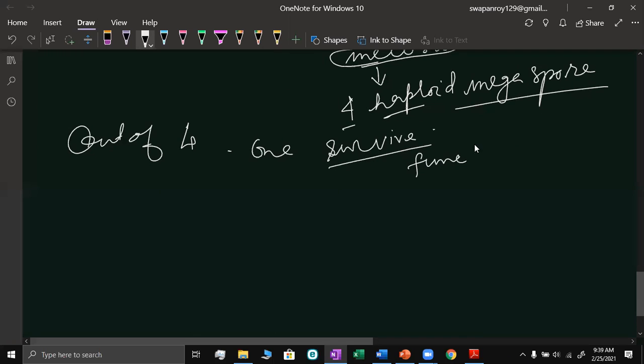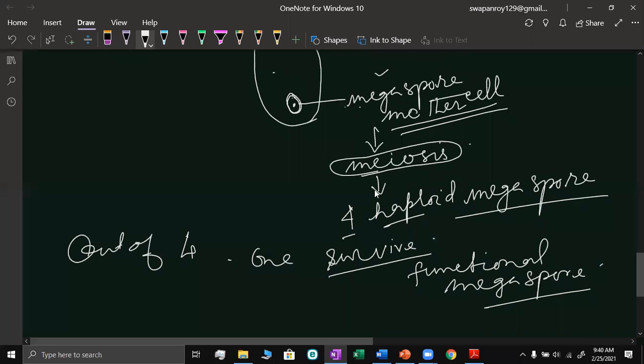Now this functional megaspore, if this one divides, then it forms say 4 cells.